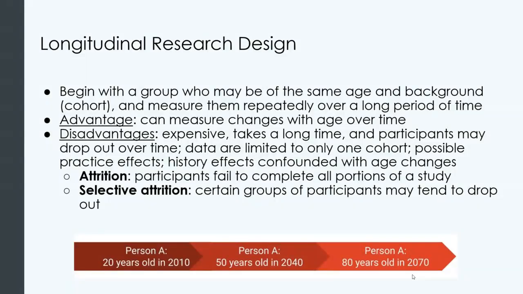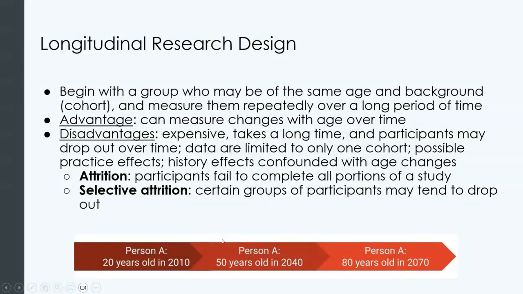So we have to be aware that the cohort could be different, especially any historical impact that they might have lived through. And then there's attrition, people not completing the different parts of the study. So there are a lot of disadvantages to longitudinal research.